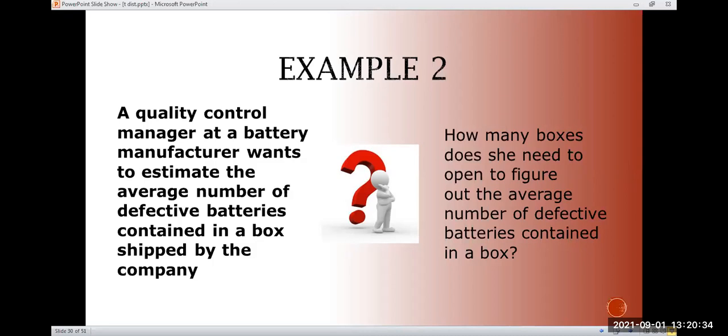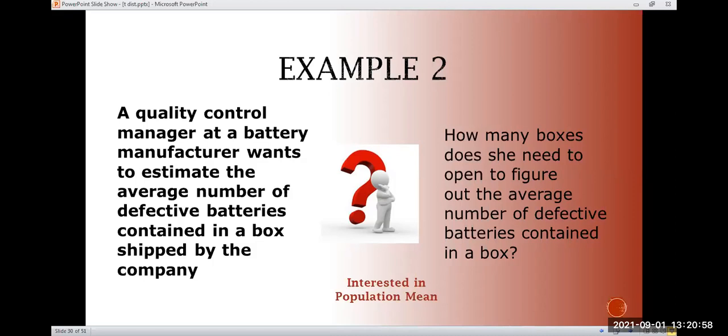How many boxes, as a small sample, should they open to find out the total number of defective batteries in the 1,000 boxes manufactured in a day? So here we are more interested in the population mean.